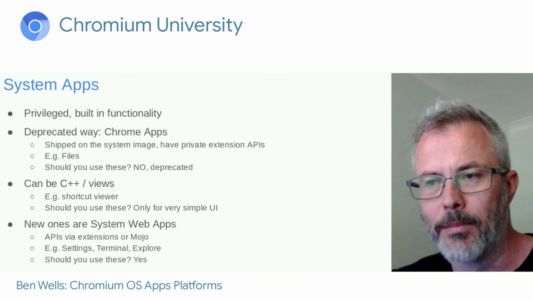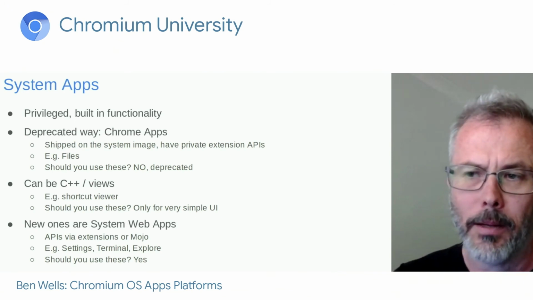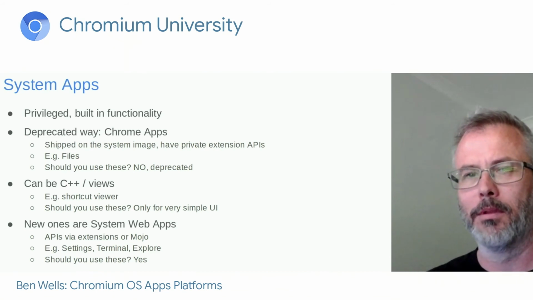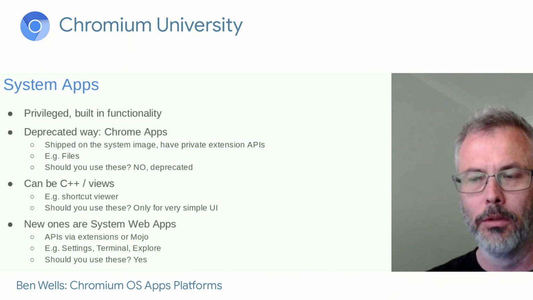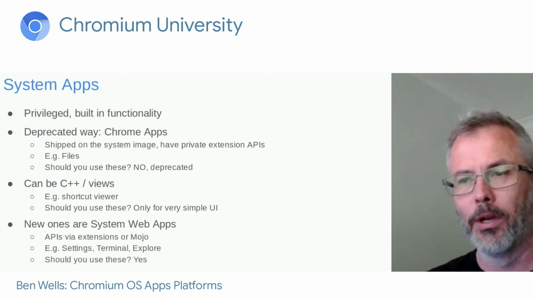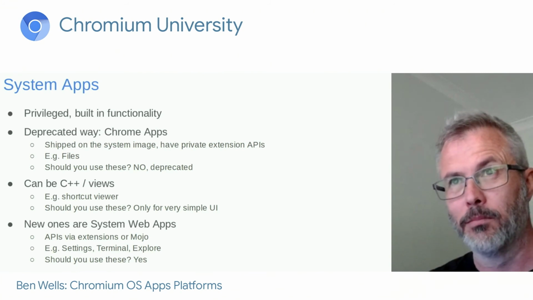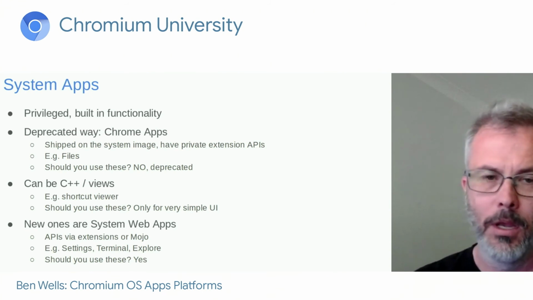New system apps that we're building are built using something called system web apps. Examples of system web apps would be the operating system settings app, terminal, Explore, which is the new help app, and there's more coming. These are basically web apps which are hosted on the system image.